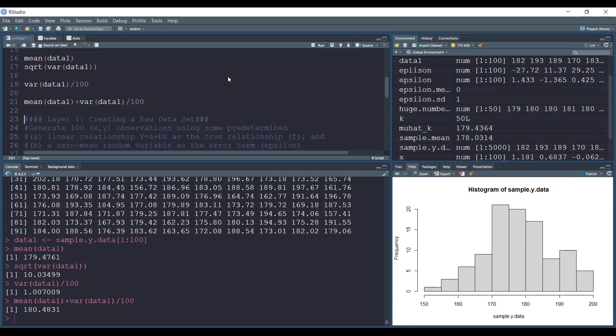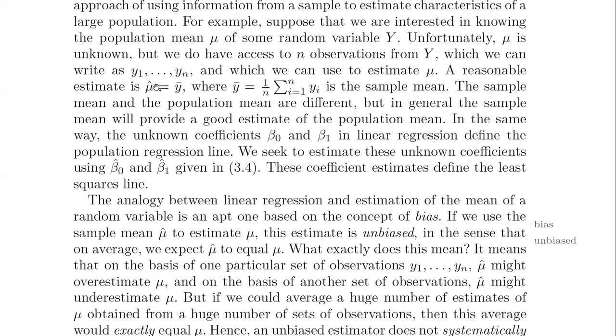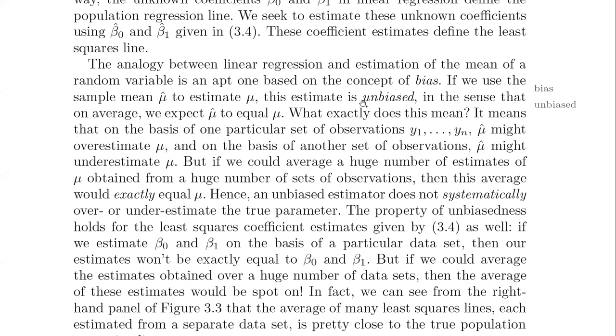So that was secondary school level. When you have a sample data set, if you simply calculate the mean, that is an unbiased estimator. What do we mean by an unbiased estimator?